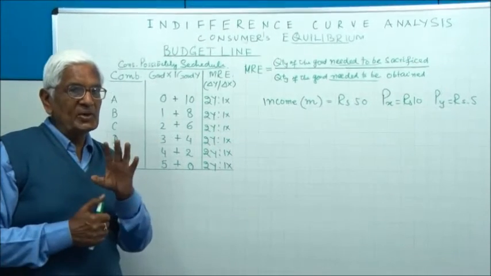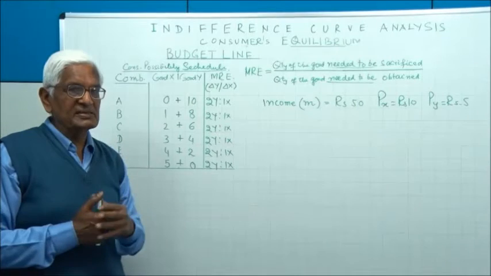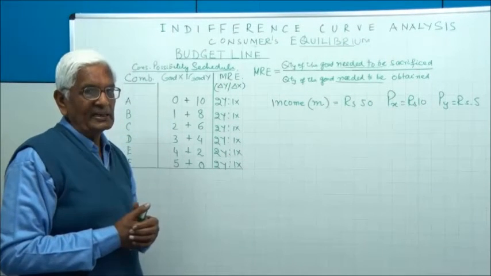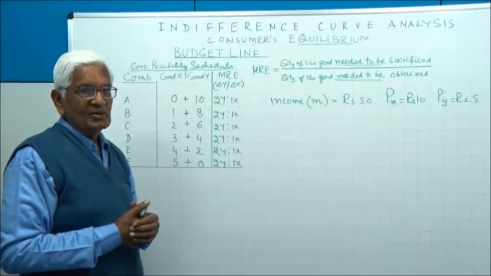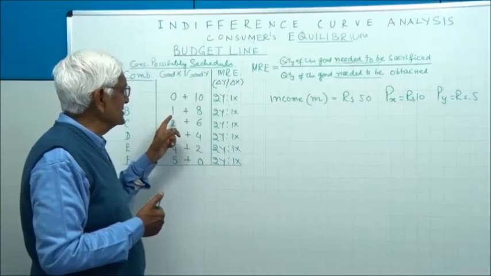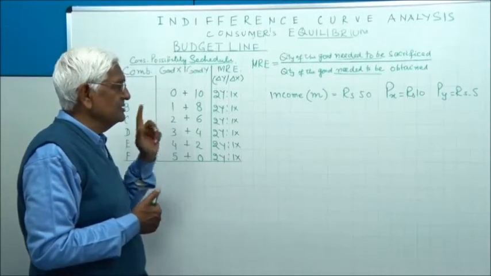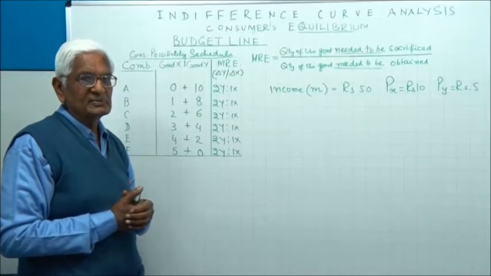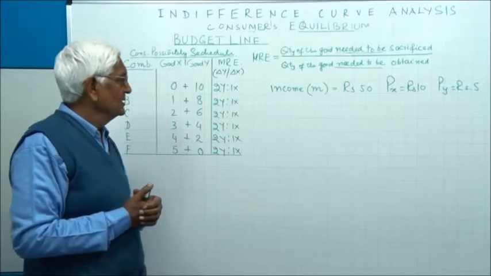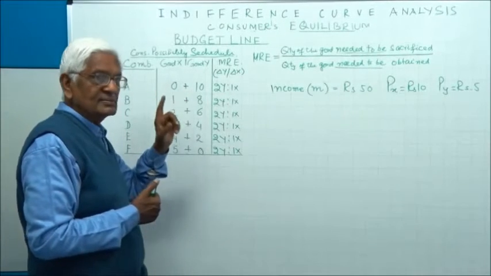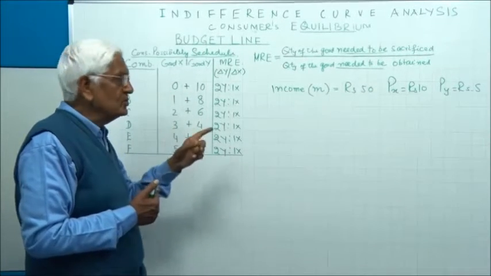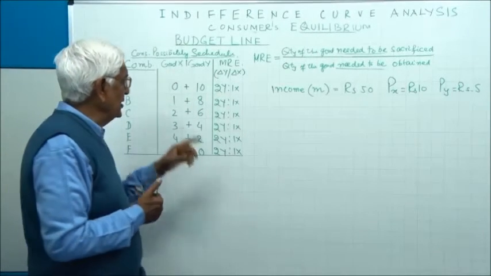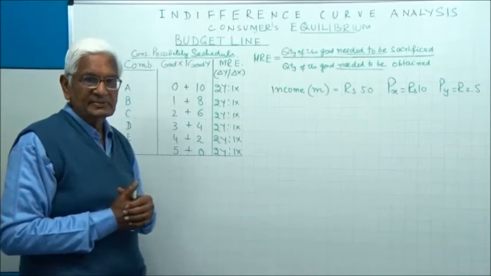Now suppose consumer wants to buy 1 unit of X. Clearly, he will have to buy less of Y. 1 unit of X costs 10 rupees, which is twice the price of Y. Clearly, the consumer has to give up 2Y in order to buy 1X.